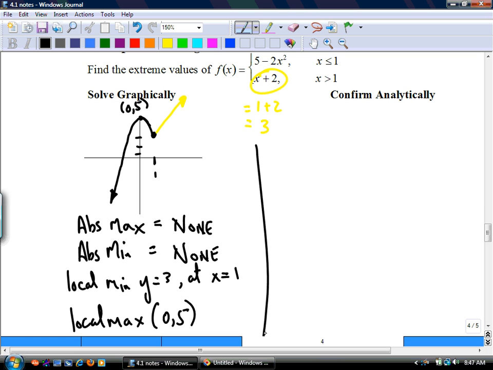Confirm analytically. So let's pretend that we didn't graph it. But we're going to have to do this arbitrarily. So what we need to do is to recognize that x equals 1 is a corner point.